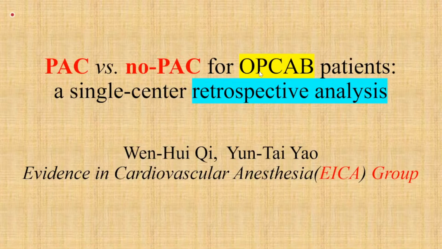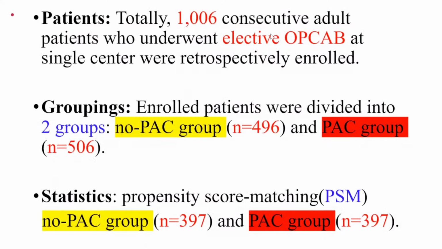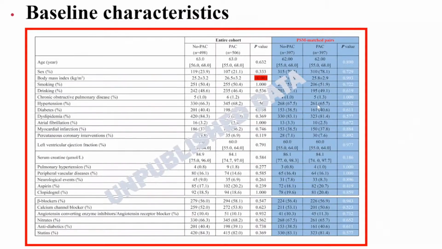After PSM, propensity score matching, we got nearly 400 pairs. Their baseline characteristics are comparable. Their intraoperative data are similar. Their postoperative morbidity and mortality is no different. But PAC use might increase the hospitalized expenditure.